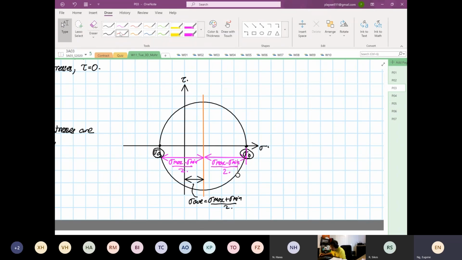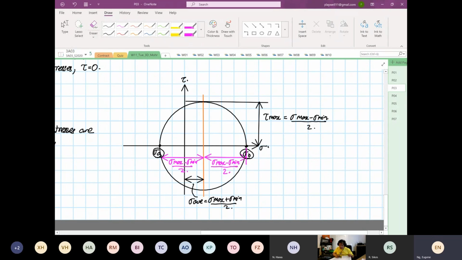If that's the radius, the distance from here to here is our tau max, and this will be equal to stress max minus stress mean divided by 2.